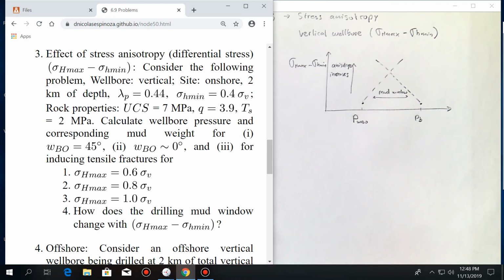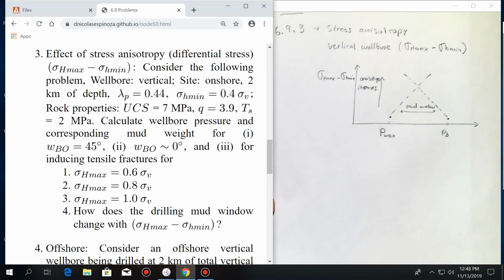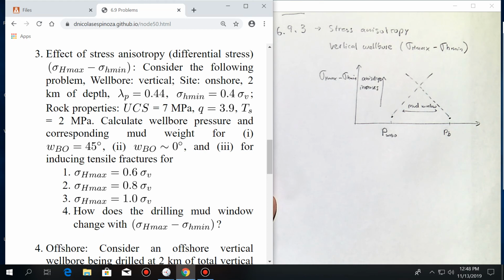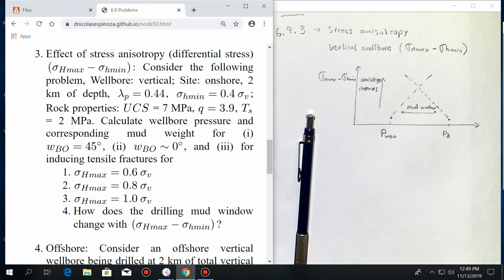Number 4, yes? So we never have to solve for WBO, right? You might have to do it, but if you do, I'll give you the equation.